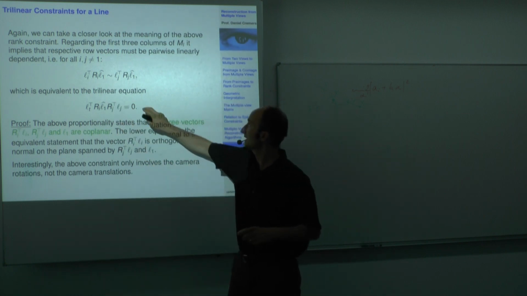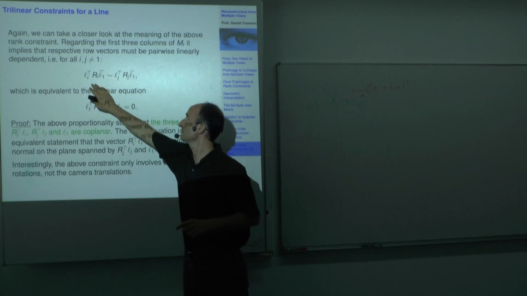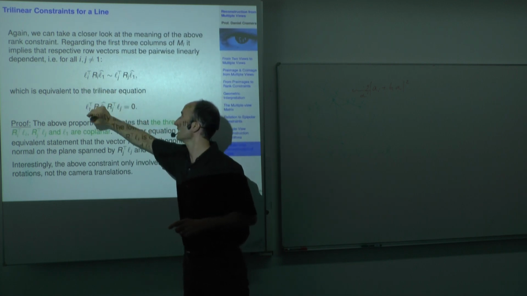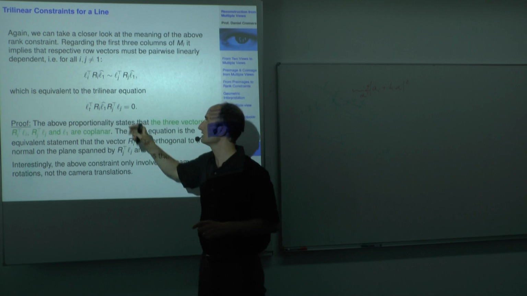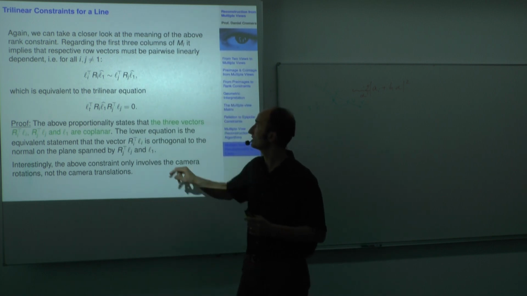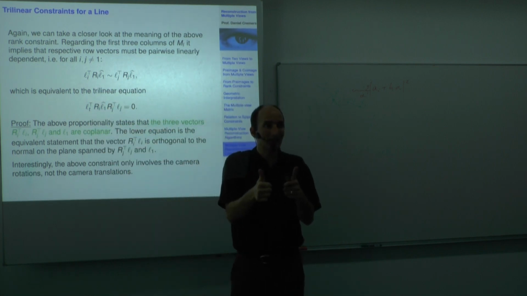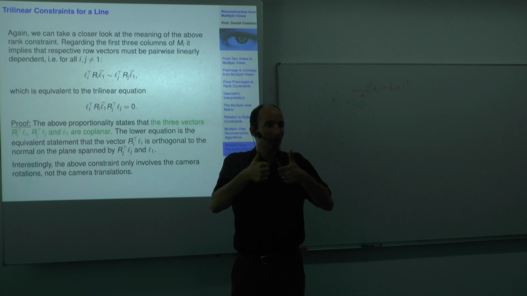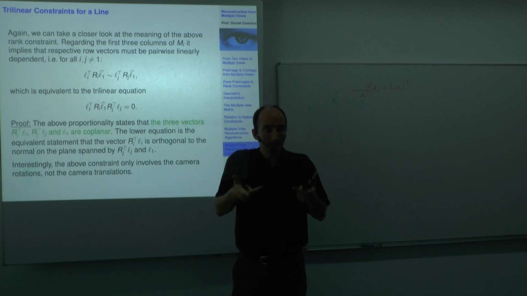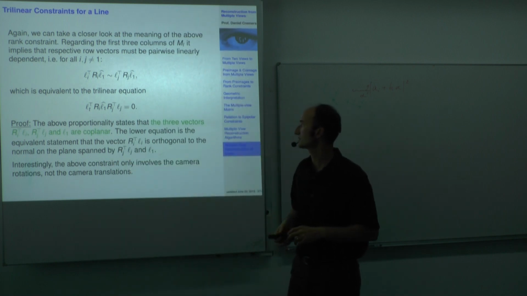So basically the vector L1 that we have here and here, and the vectors Ri transpose Li and Rj transpose Lj, these three vectors are coplanar. Because if I take two of them, the normals of the plane they span are proportional, so they have the same normal. And that means they all must live in the same plane.